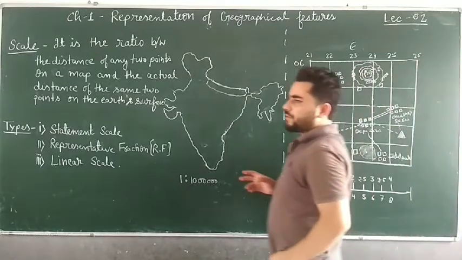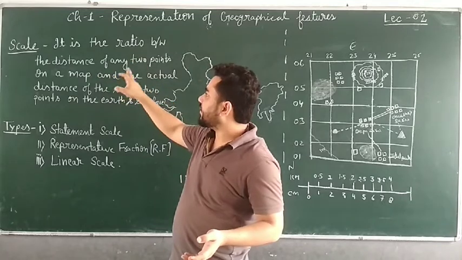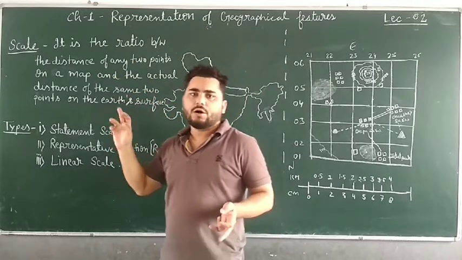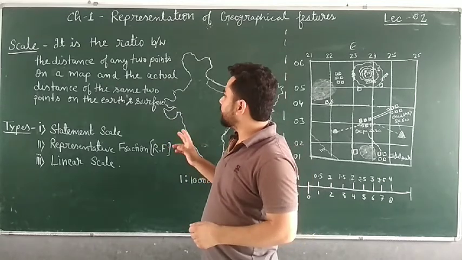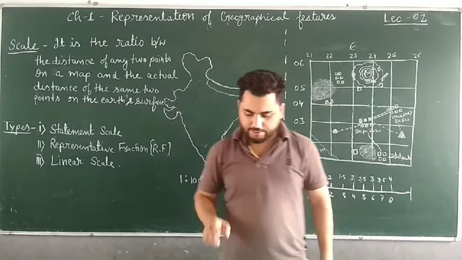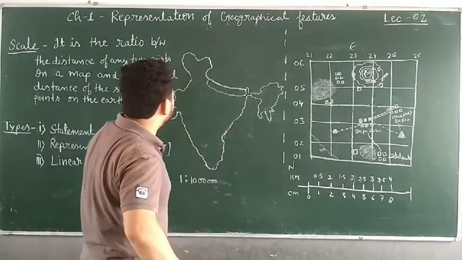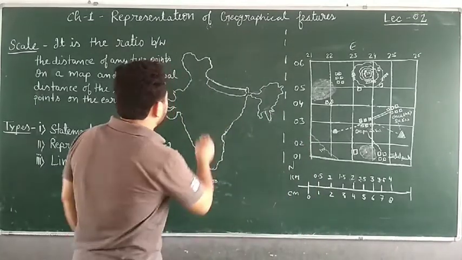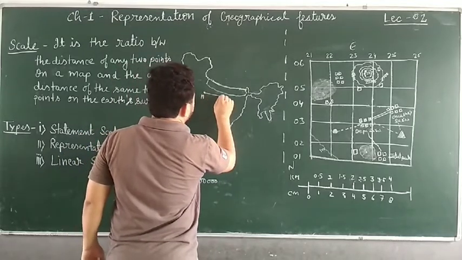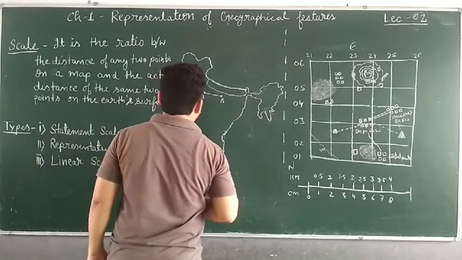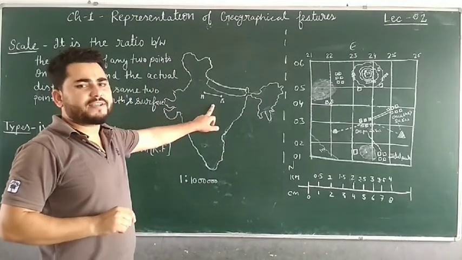When we talk about scale, the definition of scale is the ratio between the distance of any two points on a map and the actual distance of the same two points on the earth's surface. Suppose we have these two points, this is point A and this is point B. Suppose the distance between A and B is 5 centimeter.